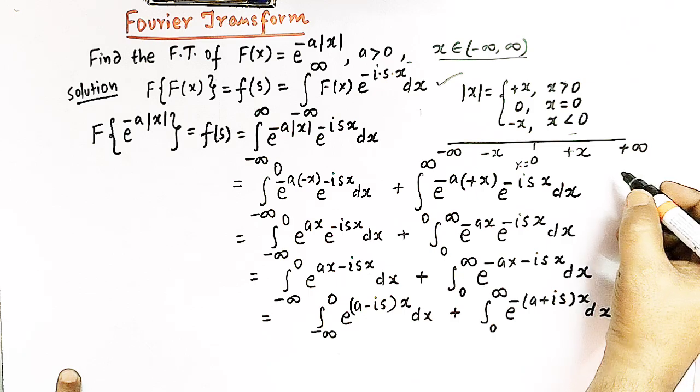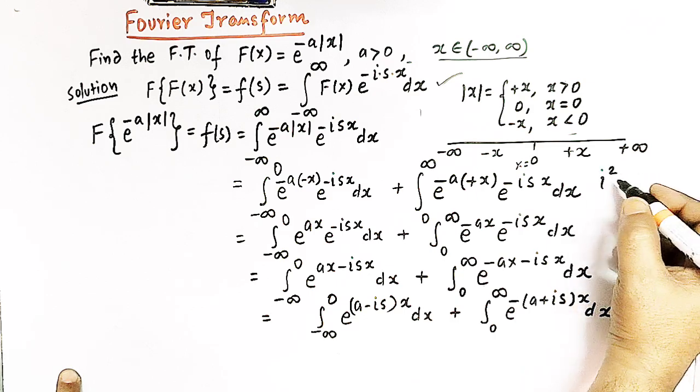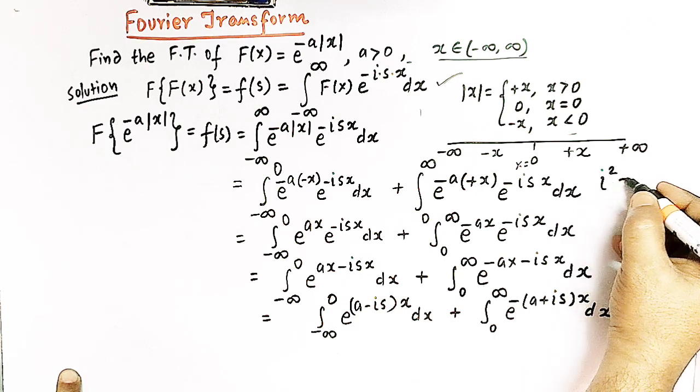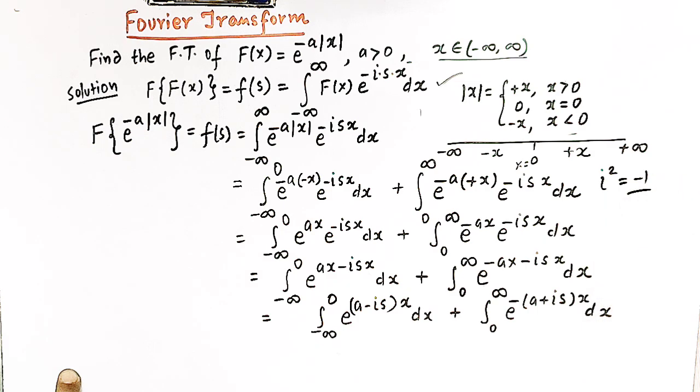Remember, i is the complex number iota, and i squared is equal to minus 1.